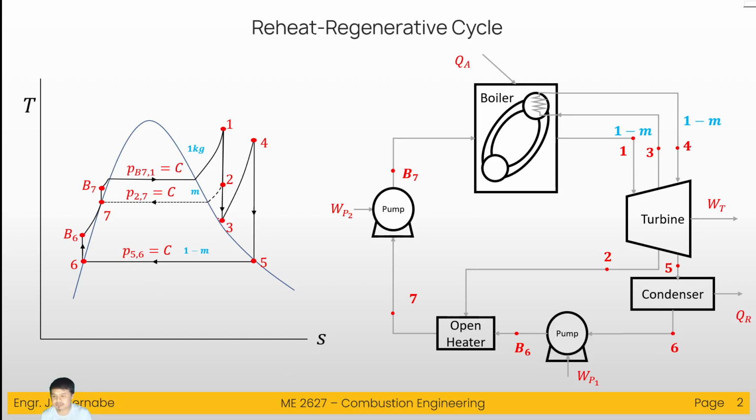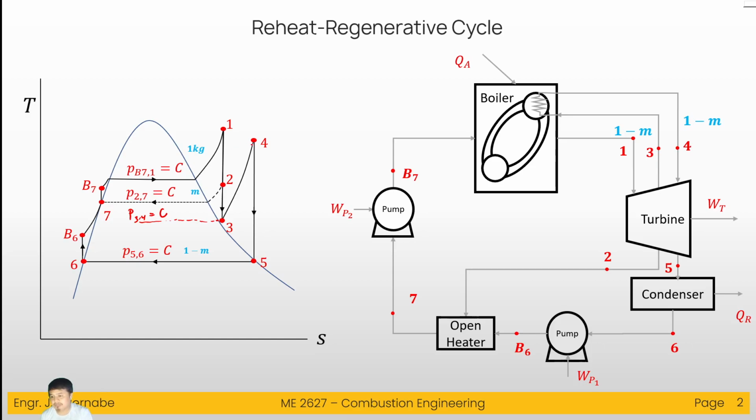Actually, there should still be a pressure here, which is the pressure of reheating. This is the same pressure, so P3 to 4 is actually constant. And it will be reheated at constant pressure again.